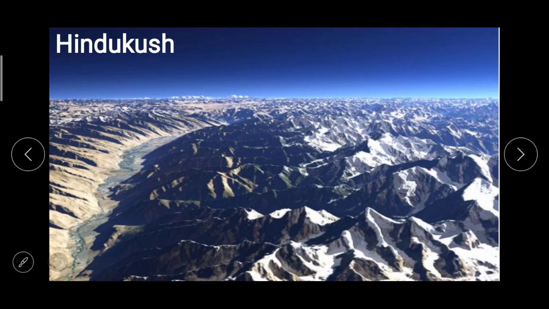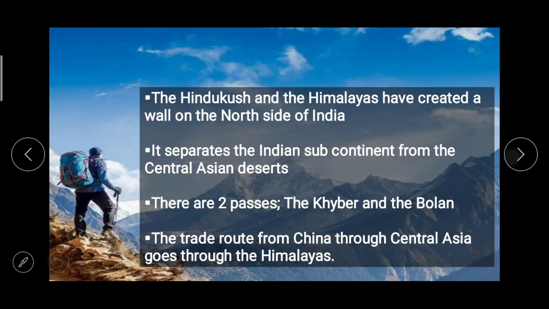So, the Hindu Kush and Himalaya ranges have created an impenetrable wall on the northern side of the Indian subcontinent. It separates the Indian subcontinent from the Central Asian deserts, and there are two passes, the Khyber and the Bolan.